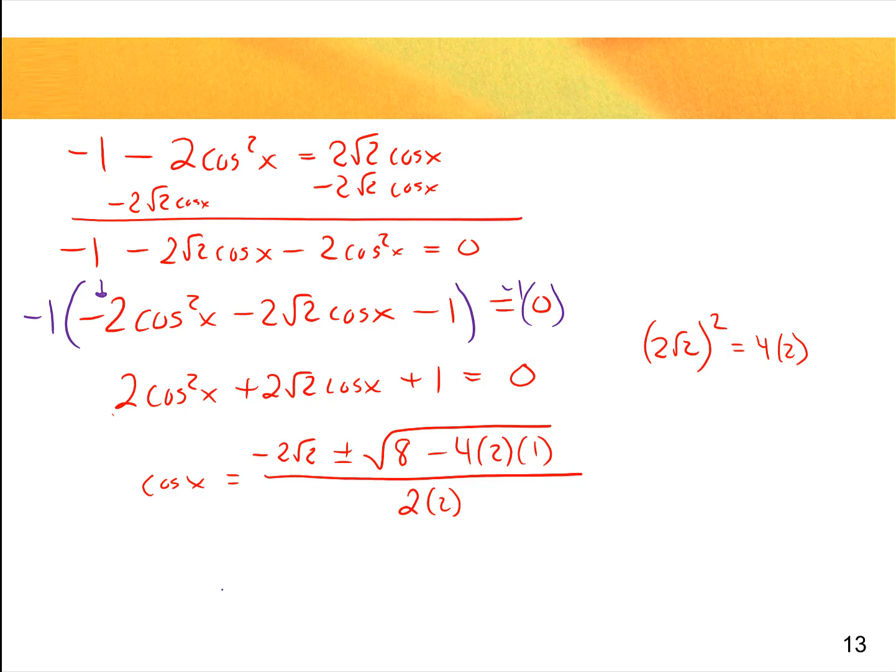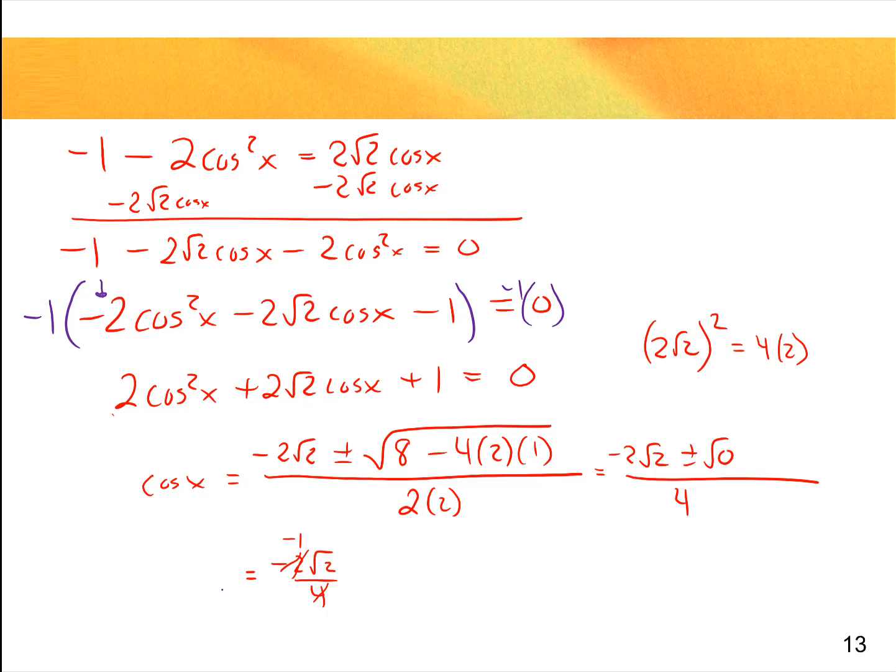All right, let's see where this takes us. We have 2 radical 2. Oh, look at this, interesting. 4 times 2 is 8, 8 times 1 is 8, and 8 minus 8 is just 0. That just disappeared. 2 times 2 is 4. So I have -2 radical 2 over 4. These guys are gone. That becomes a 1, or -1 technically.